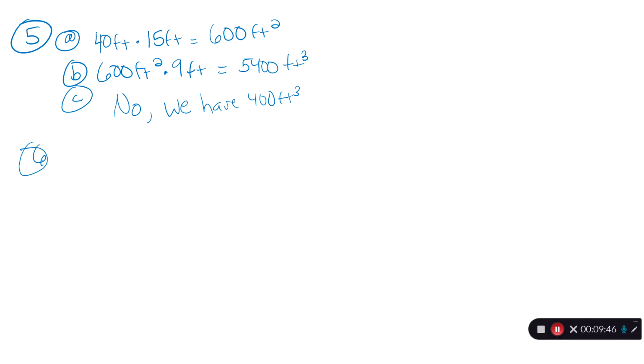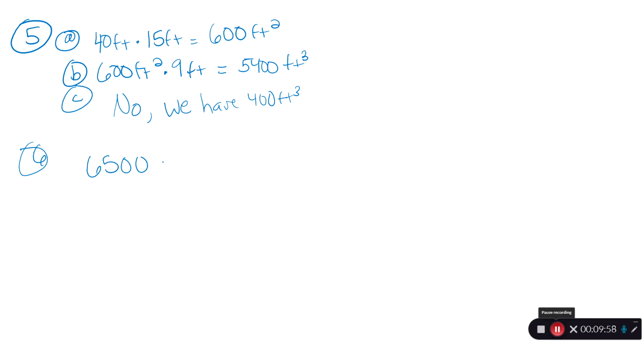Sorry. Jumping down to number 6, we're trying to convert. We've got 6,500 centimeters. And we want to change that, so I'm going to use conversions. I'm going to multiply by fractions.